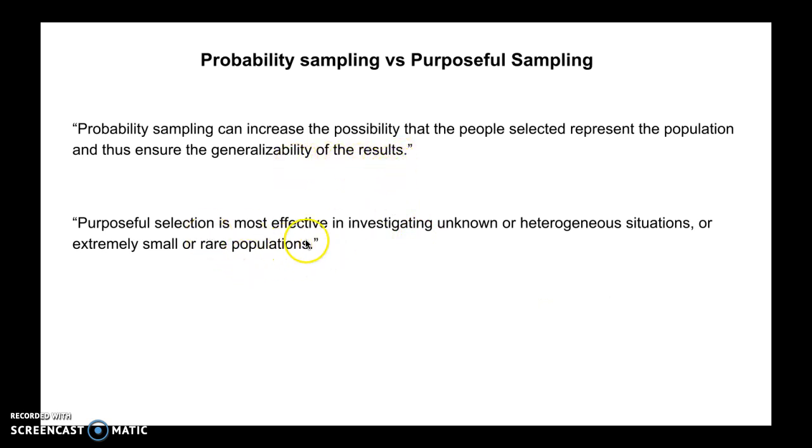But purposeful sampling is very effective in investigating unknown or heterogeneous situations, or extremely small or wide populations, because sometimes you don't know whether this group of people is exactly what you want, but you can have a standard in your mind. You go there and interview them to decide whether they match your standard or not. So each one has pros and cons. It depends on you how to use them.